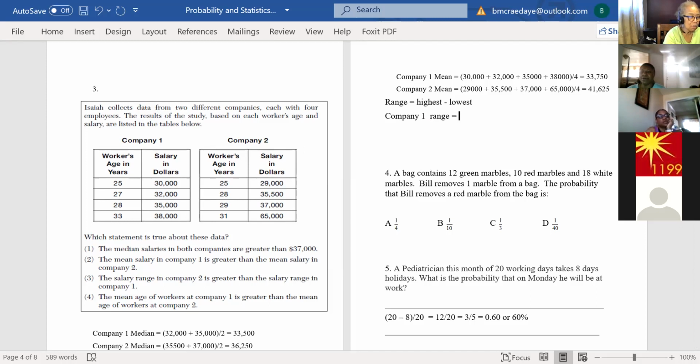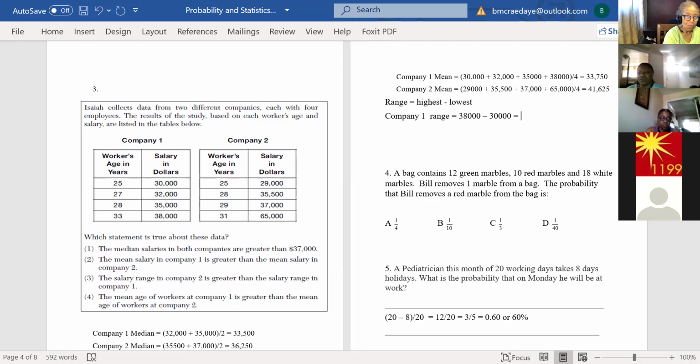The highest salary is 38,000. That's the highest, minus the lowest. What's the lowest salary in company 1? The lowest would be 30,000. Okay, that's right, 30,000.